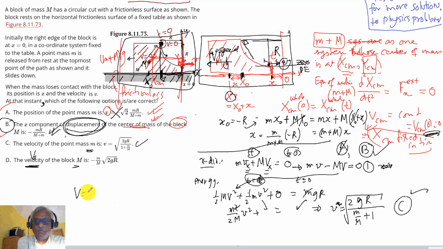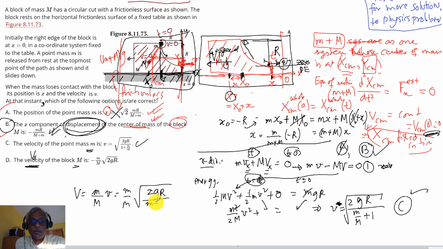So solving for capital V will be little m over capital M times v, and so little m over capital M is square root of 2gr over m plus M. Then you can say m, and so this m will cancel this guy's square root of M, and this looks nothing like that, so that's not correct. So we just have B and C as the answer.